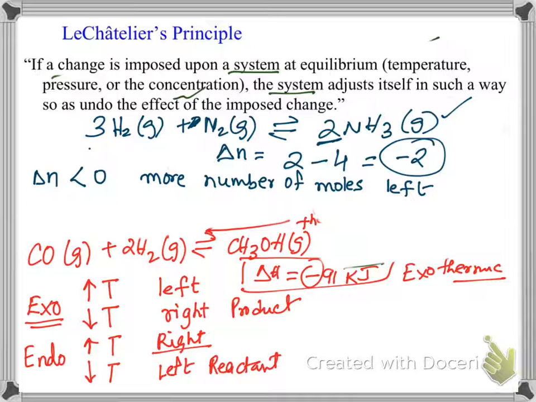If delta N comes out greater than 0, your reaction will move to the side that has fewer gaseous moles, and in this case it will be right.